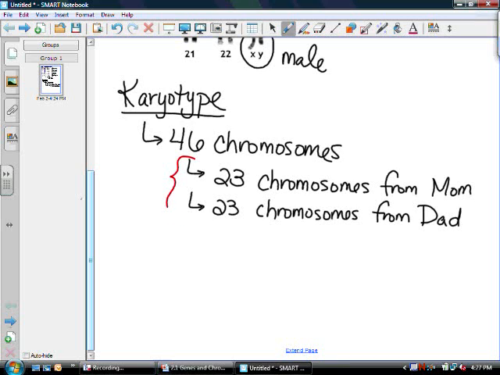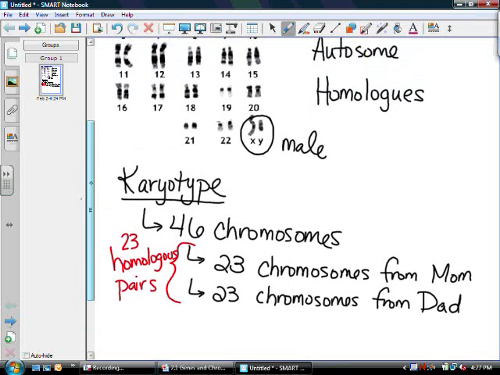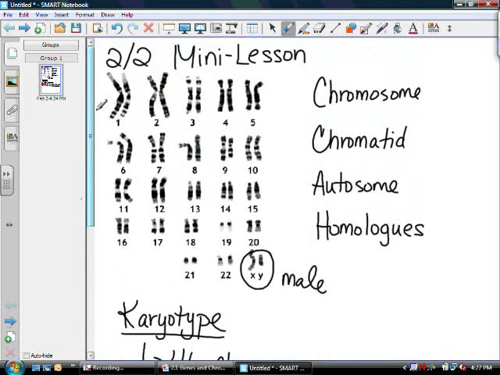This right here would give us 23 homologous pairs. So if we scrolled up, looking at our karyotype, we would have one homolog from mom, one homolog from dad, and together it would give us a homologous pair. So we have 23 homologous pairs.